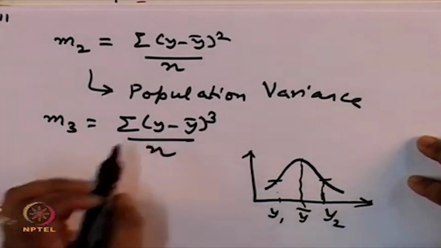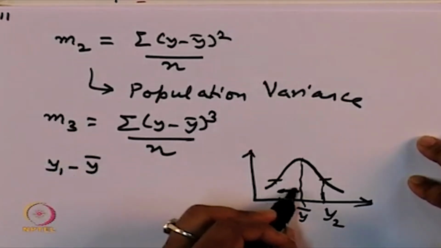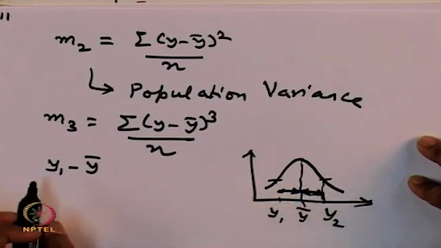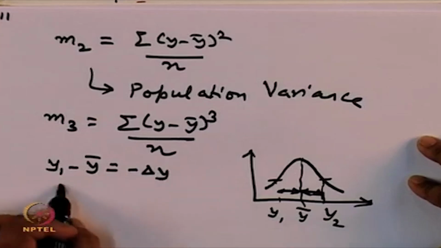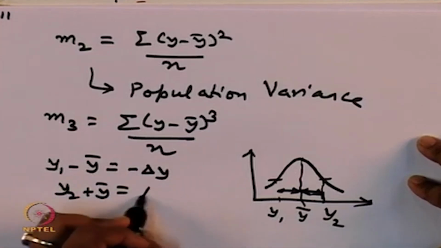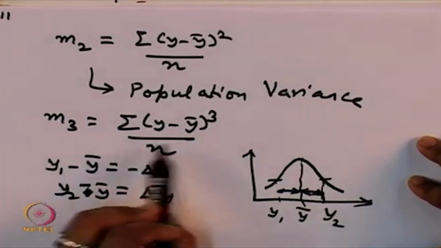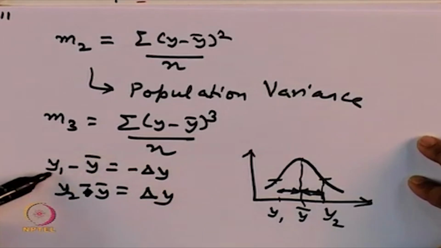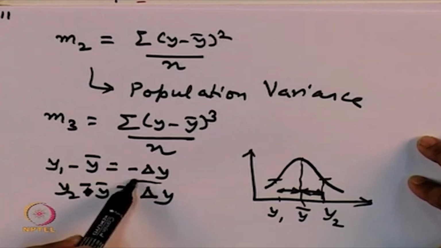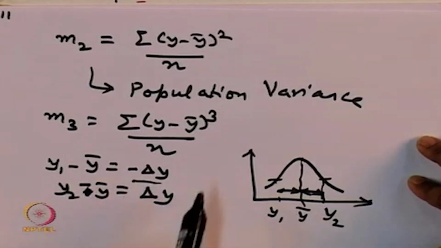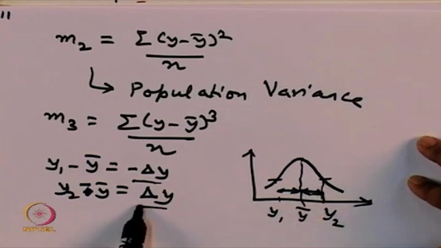In that case, for every y1, let us say this distance is the same. So y1 minus y bar is equal to, let us say, minus delta y, and y2 minus y bar is going to be plus delta y. If I do this summation, for every y1 which is to the left of y bar, whatever contribution it gives will be negative in nature, and another point which is equidistant on the positive axis and has the same frequency will give a positive response.